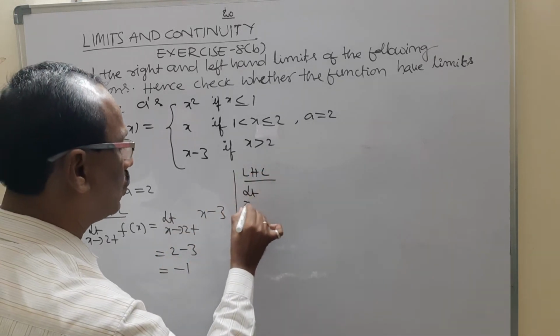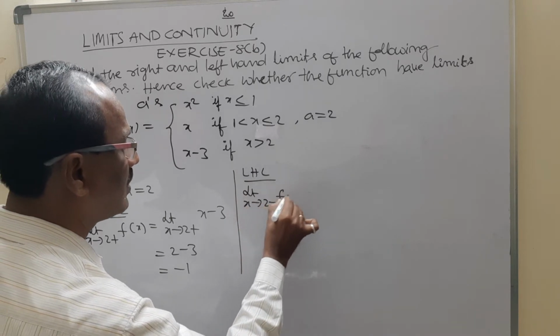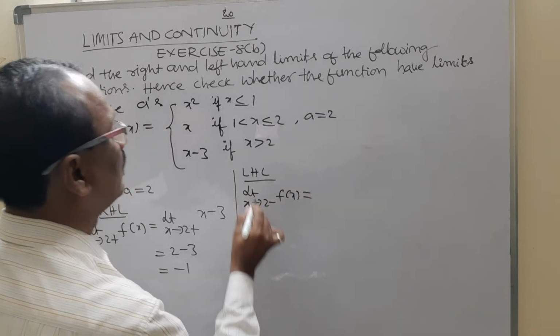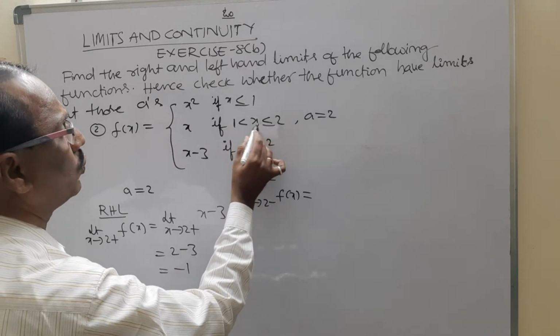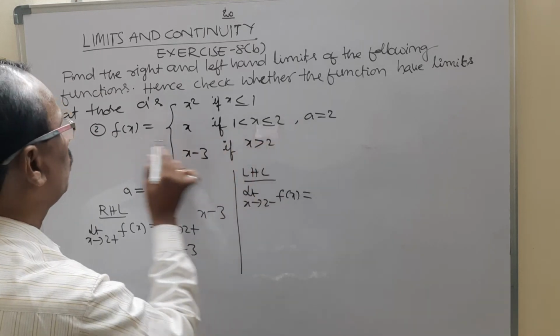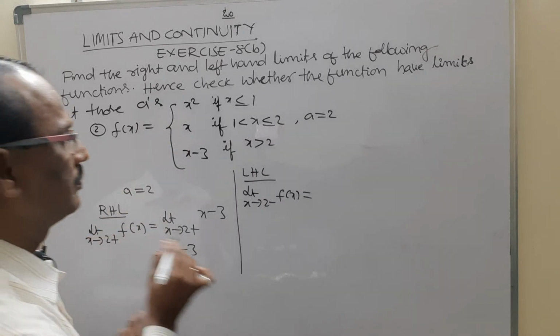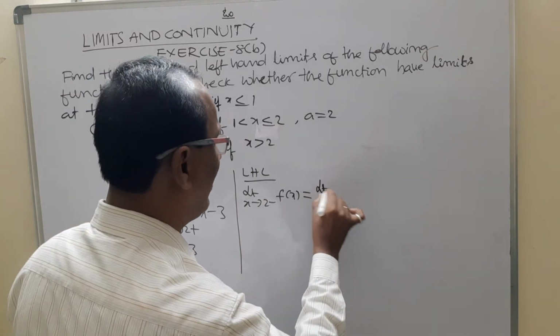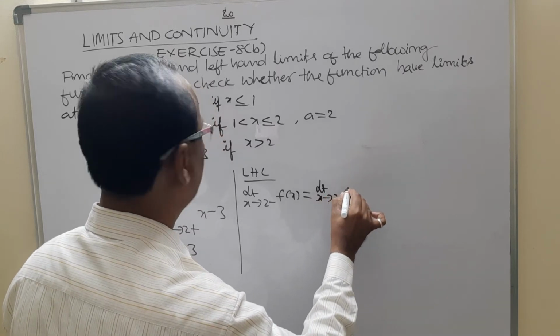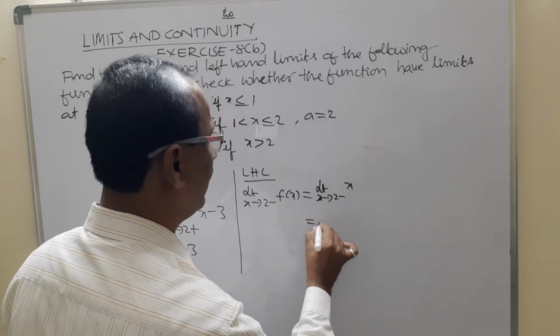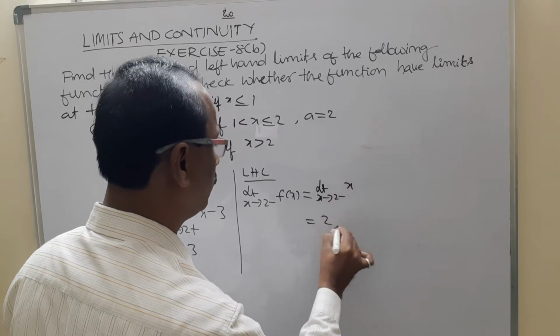Limit x tends to 2 minus f of x. Here, if 1 less than x less than or equal to 2, f of x is equal to x. Limit x tends to 2 minus f of x equals x. That equals, substituting x as 2, 2.